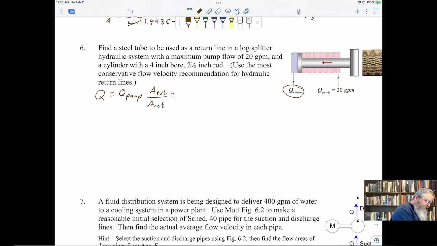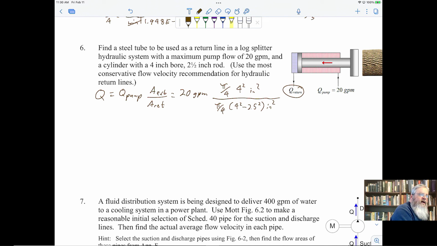That's 20 GPM times pi by 4 times 4 squared inches, over pi by 4 times (4 squared minus 2.5 squared) inches squared.